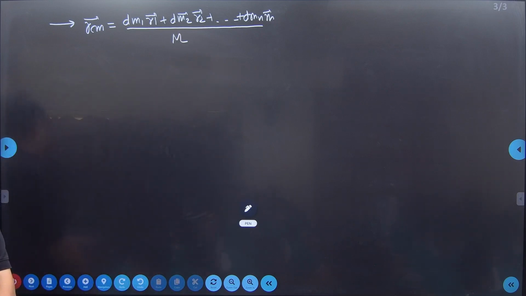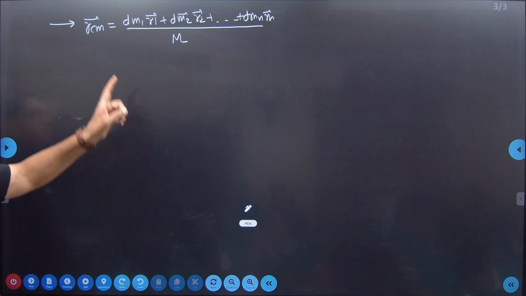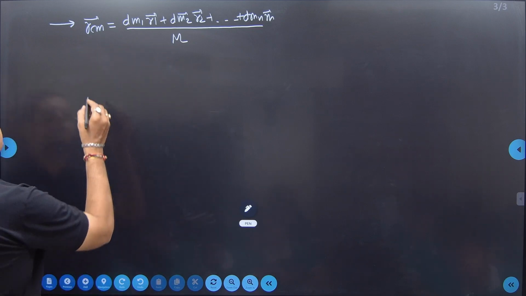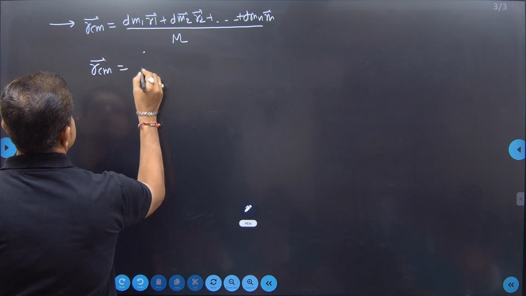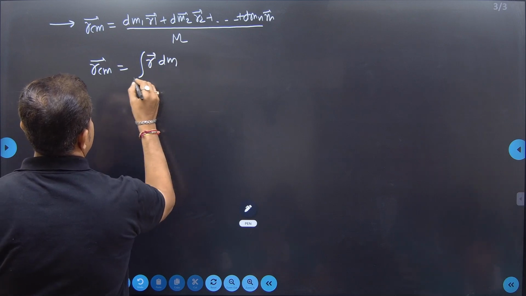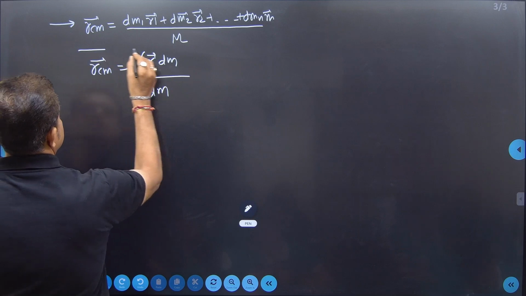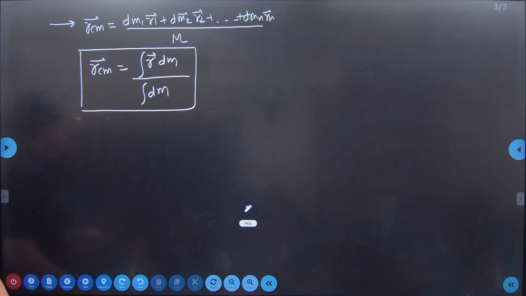Now the elements are very small and it is a continuous distribution, so this summation will become integration. So RCM is integration r dm upon integration dm. This is for a solid body.